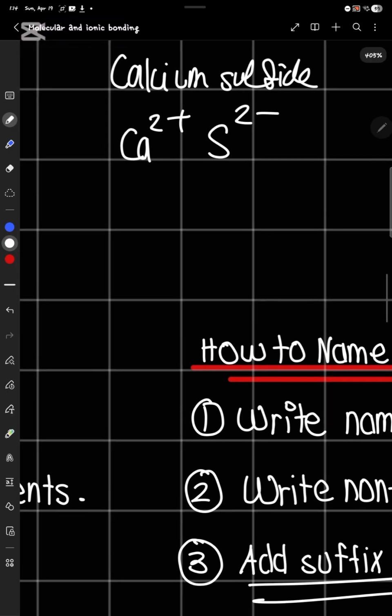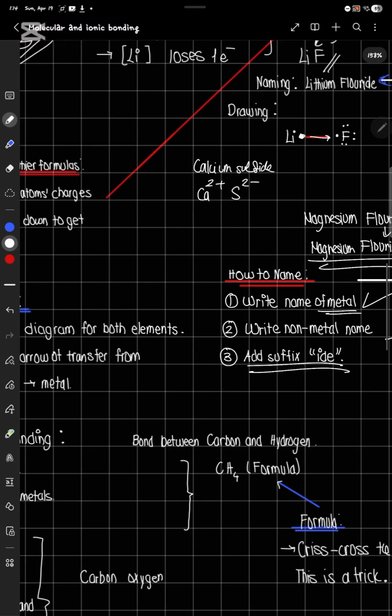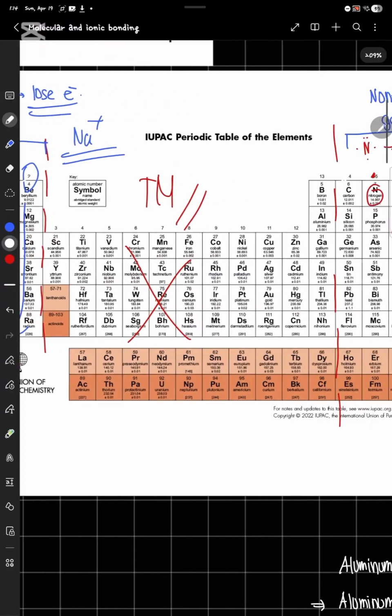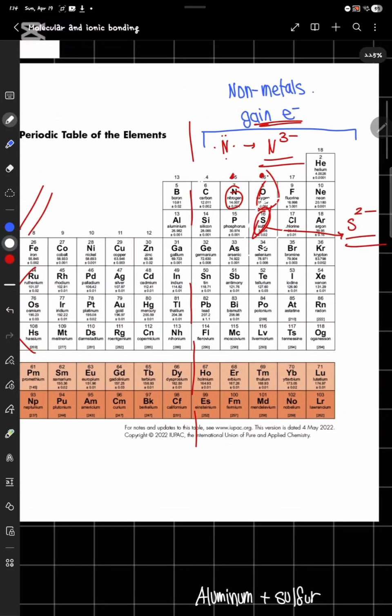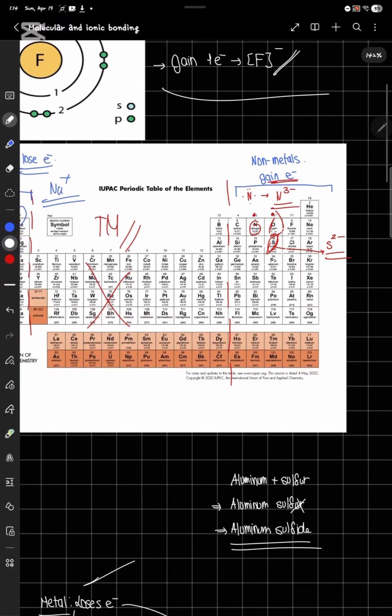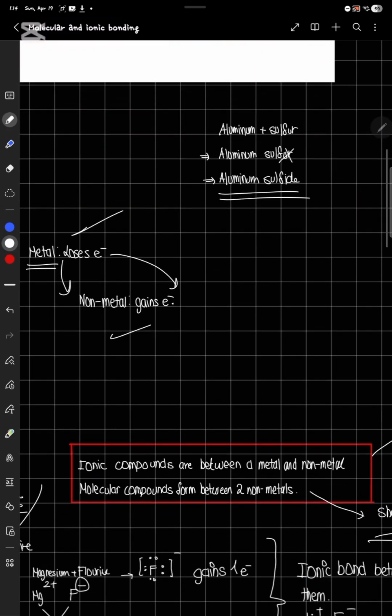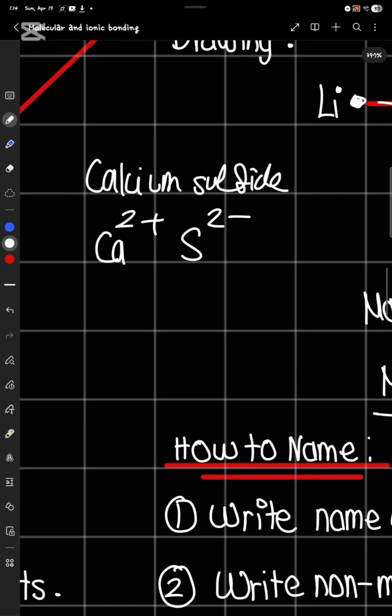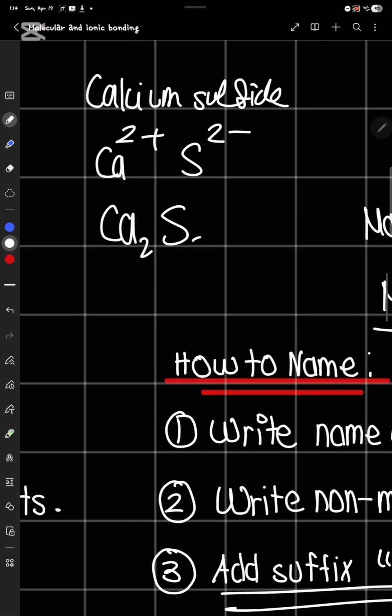As you can see above, calcium is a metal, meaning it loses electrons, and sulfur is a non-metal, meaning it gains electrons. So crisscross method, the subscript of Ca will be the charge of sulfur and vice versa. Okay, but you'll end up with 2 and 2.